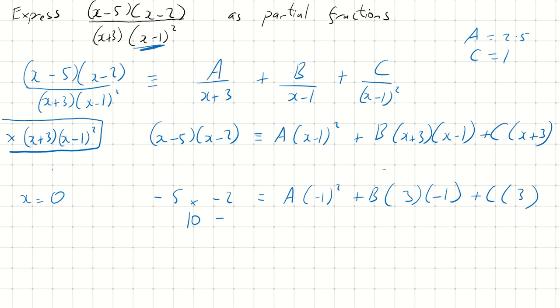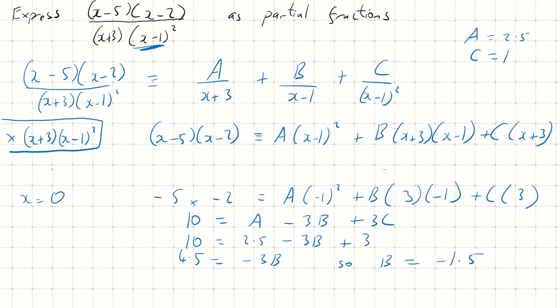That's 10 = A × 1 − 3B + 3C. We already know that A is 2.5 and C is 1, so let's substitute those in. 10 = 2.5 − 3B + 3, and this simplifies down to 4.5 = −3B, so B = −1.5.